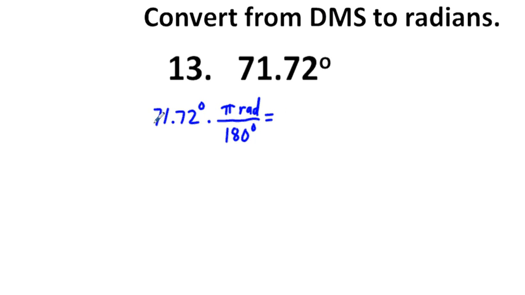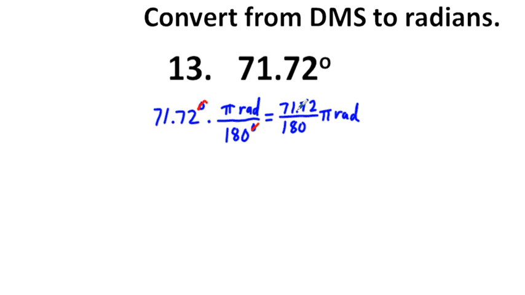Now, when we take our 71.72 over 180, and by the way, I forgot to cancel degrees over degrees here. Now I do that. And so we have 71.72 over 180 pi radians.